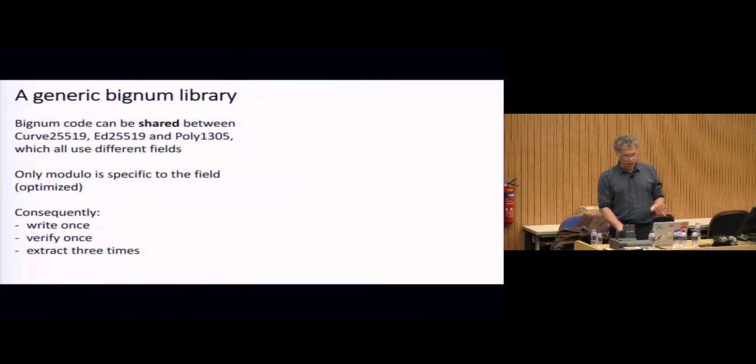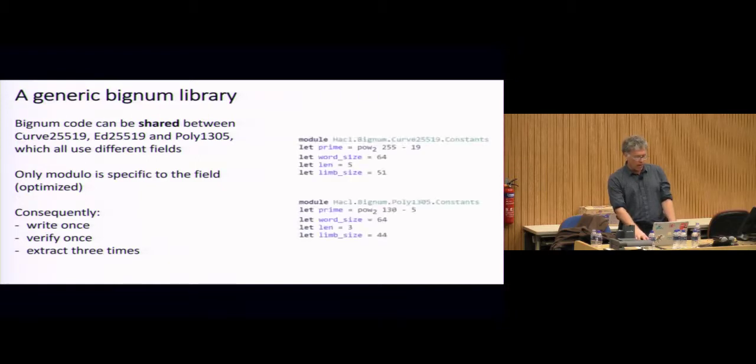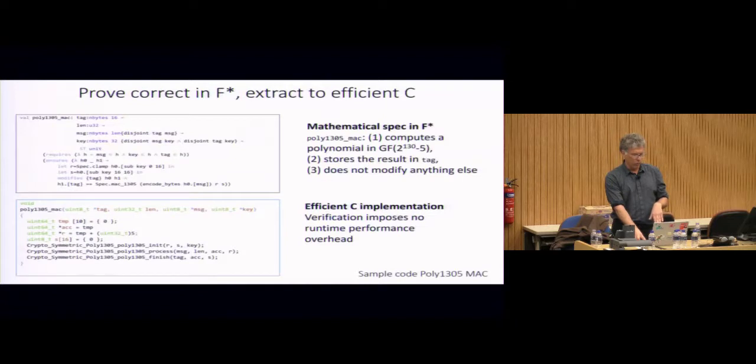What they've done as a starting point, and they've done a lot more, is to have bignum code that can be shared between these different cryptographic primitives, which all use different fields. The idea is to write the bignum code once, verify it once, but then through genericity and parameterization, since it's a module, extract it to efficient C code for the different uses.